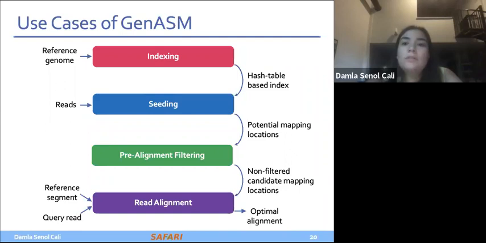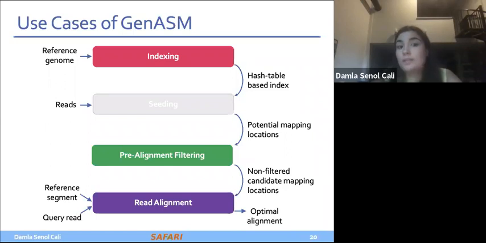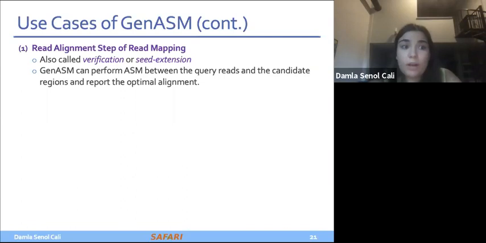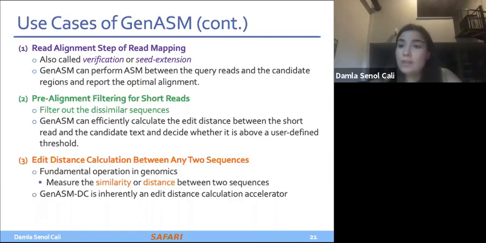So the steps that include approximate string matching are our use cases: indexing, pre-alignment filtering, and read alignment. All of the steps except seeding include ASM. That's why we have three main use cases, which we also evaluated as part of this work.